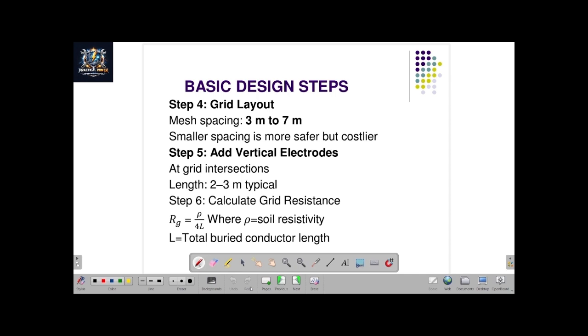At grid mesh intersections, we take vertical electrodes, 2 to 3 meter length. Step 6, calculate the grid resistance, Rg equals rho by 4L, where rho is the soil resistivity and L is the total buried conductor length, of the mesh as well as the length of the vertical electrodes.